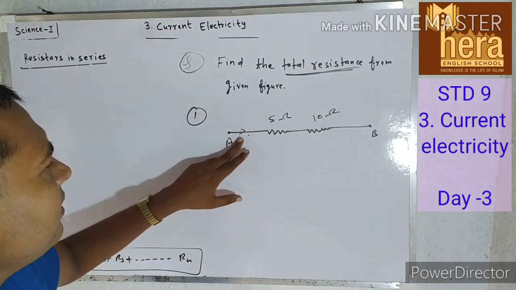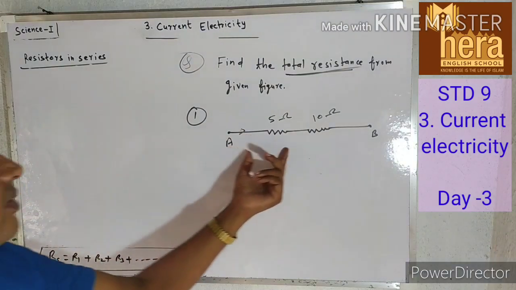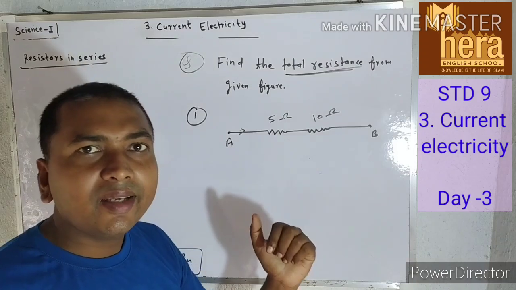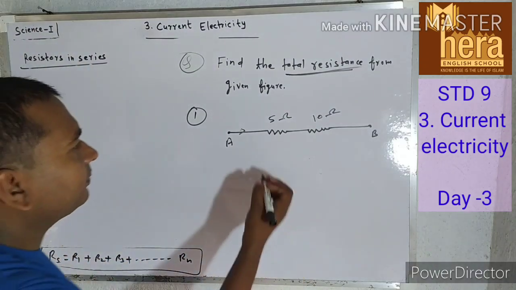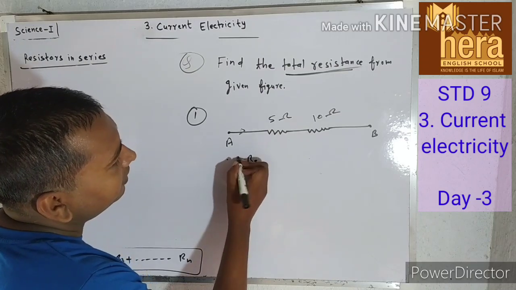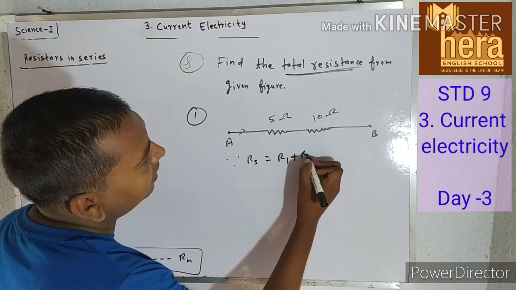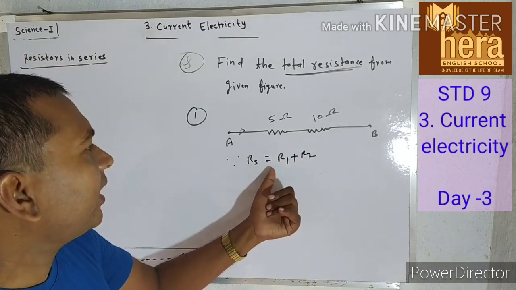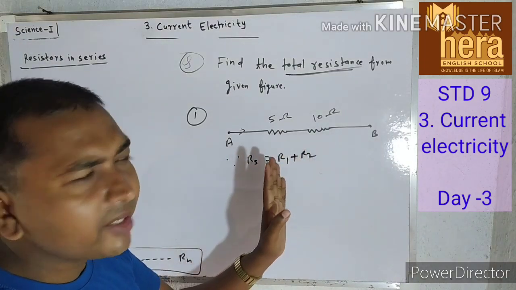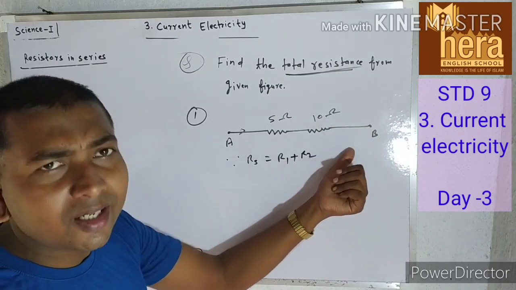So we know that if resistors are connected in series, in that case RS is equal to R1 plus R2. I will write till 2 because there are two resistors. If there are 3 resistors, then RS is equal to R1 plus R2 plus R3.